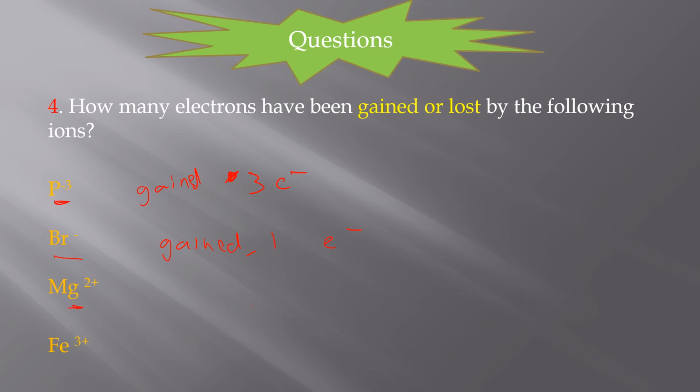Magnesium has a 2 plus charge, so because it's positive, it's lost negative charges, so lost 2 electrons. And iron has a 3+ charge. Fe is iron. Ferrous, iron. It's like a Latin term. It's got a 3+ charge. So here we have lost 3 electrons because it's lost 3 negative charges to give it a net 3 positive charge.